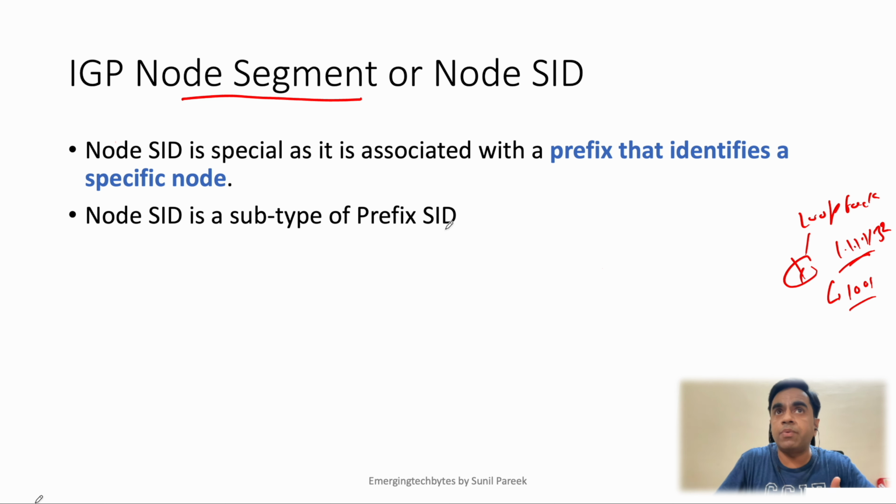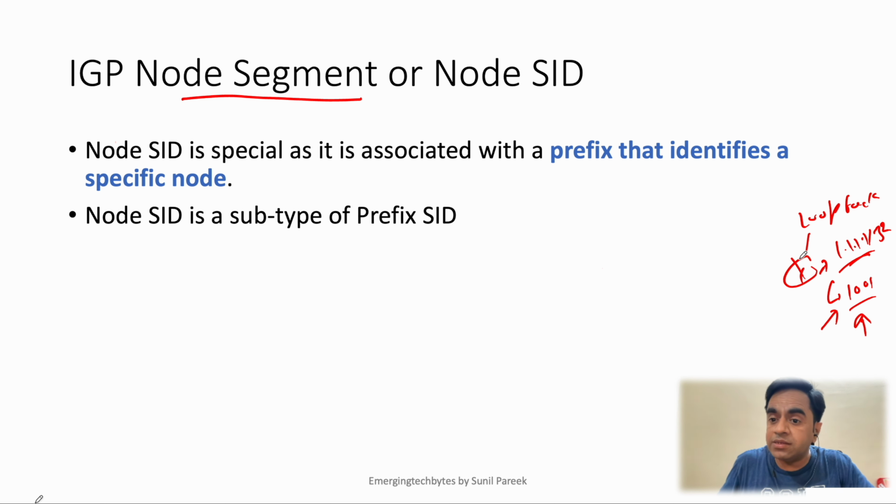And all that happens in segment routing is you allocate or assign a prefix SID to this loopback address, which you call a node SID. And just to reiterate, this SID in the MPLS data plane is nothing but an MPLS label, because that is what MPLS needs when it comes to forwarding on the data plane side.